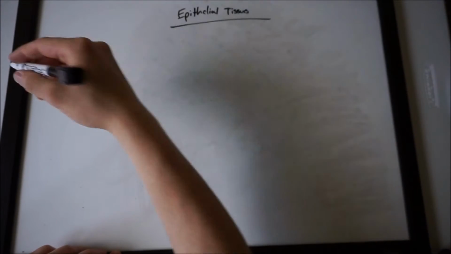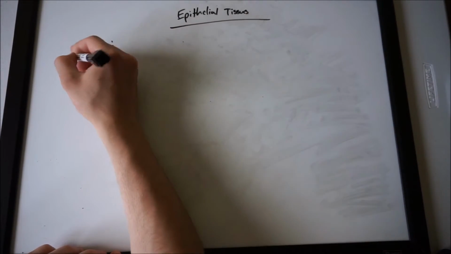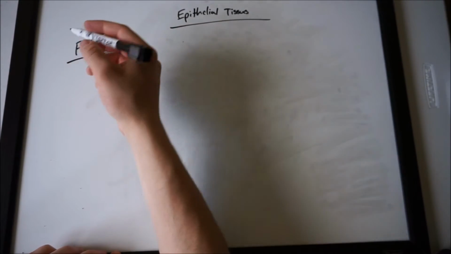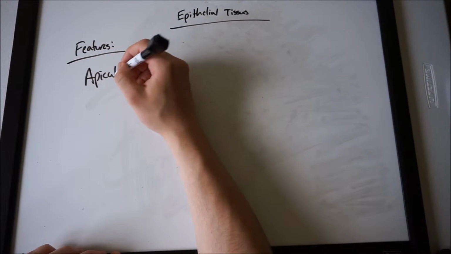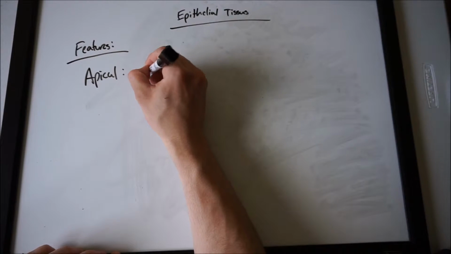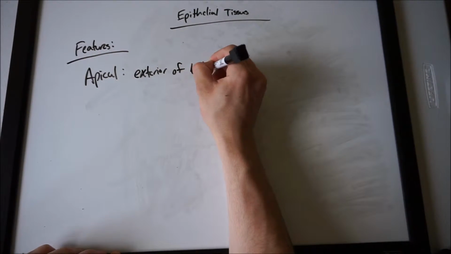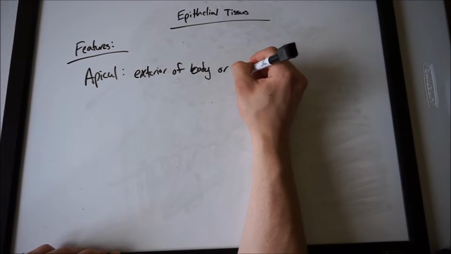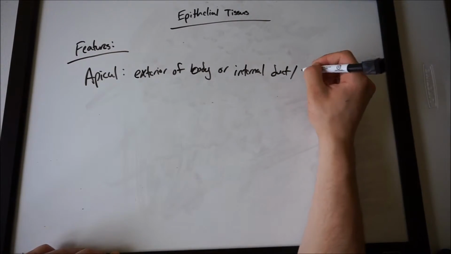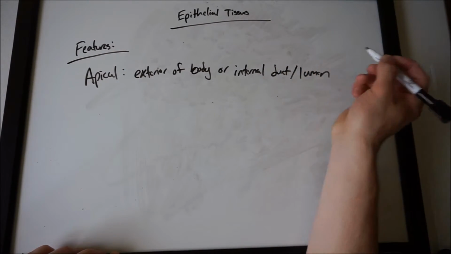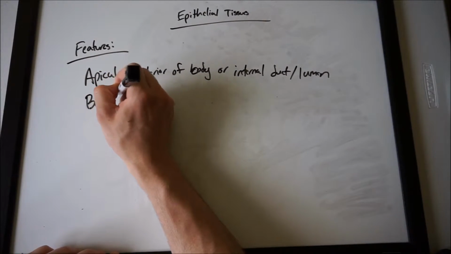Now, epithelial cells have some defining features. They have apical surfaces, which lead to the exterior of the body, or internal duct or lumen. And if they have apical surfaces, they have bases.